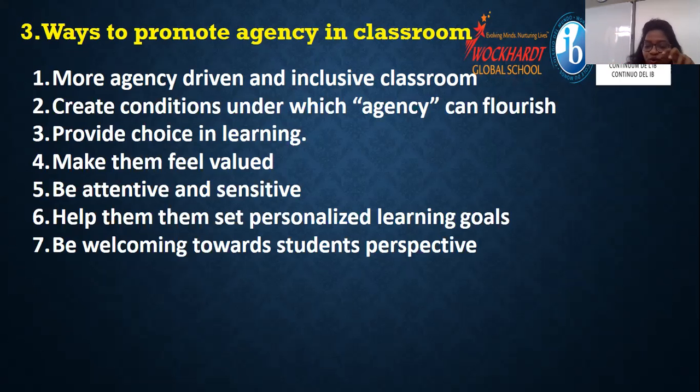At least understand why that particular person is thinking that way, what is his or her thinking process behind that perspective. That's the reason even the IB has given us this perspective in our seven key concepts.